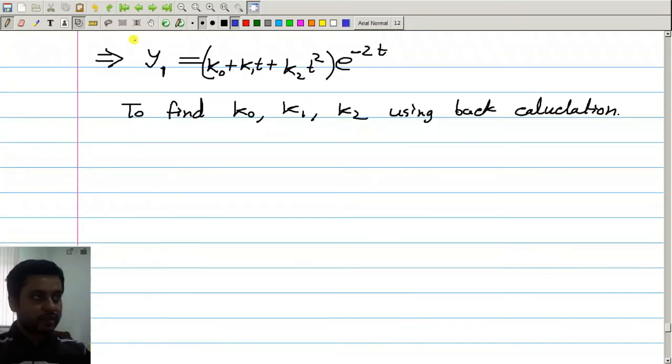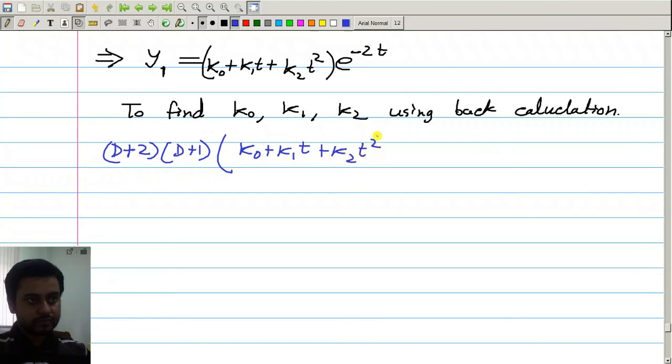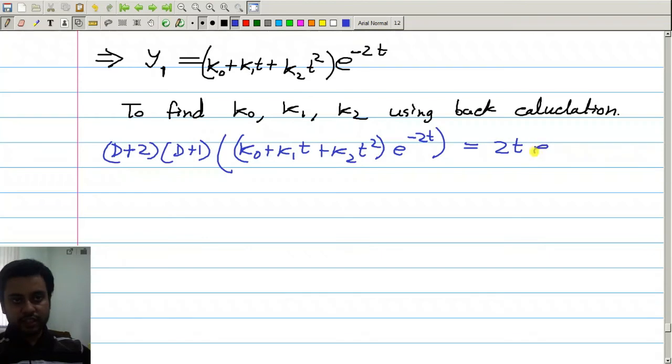So now we write D plus 2, D plus 1 acting on y1, where y1 is this, should be equal to 2t e to the power minus 2t.